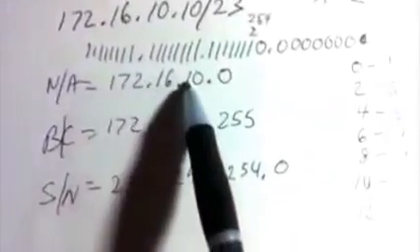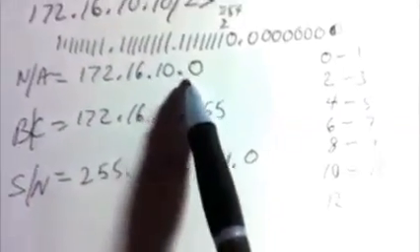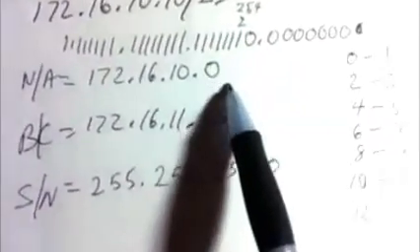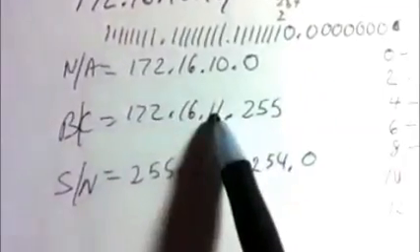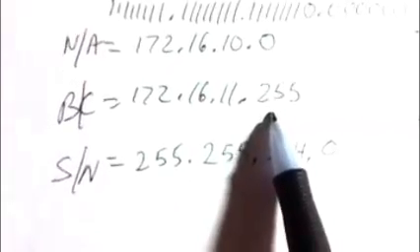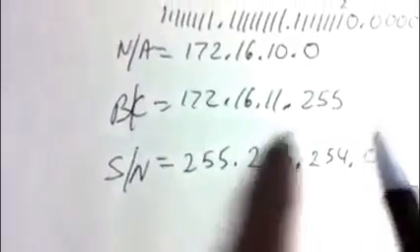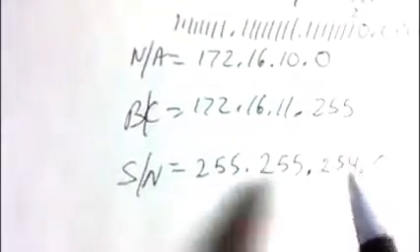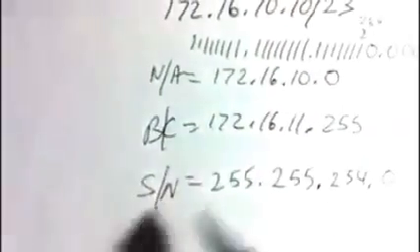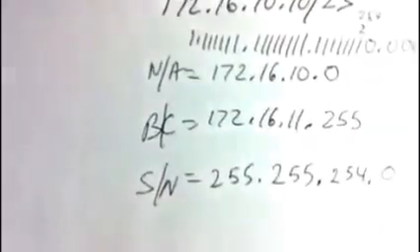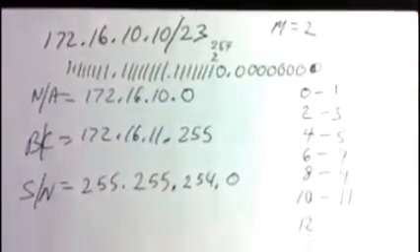Bring that down here for your network address, and it's going to be a .0, because the next one is 11 for your broadcast address, and they're all zeros, so that's going to be 255. And your subnet mask comes down to your subnet mask, and there's your /23, and that's the whole problem right there in a nutshell.